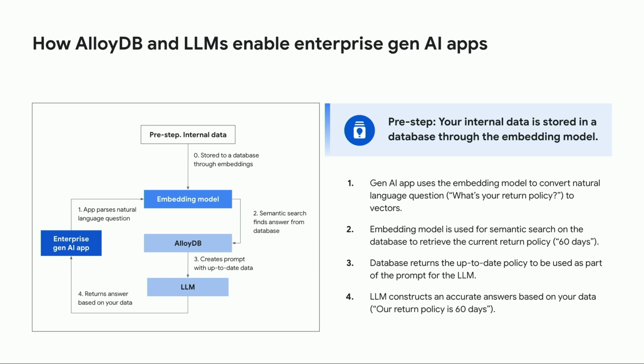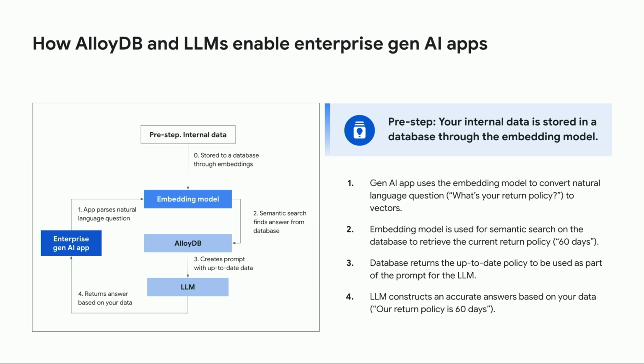The general flow, with a toy example, is this: the database holds several policies, and you create an embedding for those policies. Once you have that, let's say a customer comes in asking, what's your return policy? That natural language question is converted into a vector embedding by an embedding model, and then it searches AlloyDB for the result.